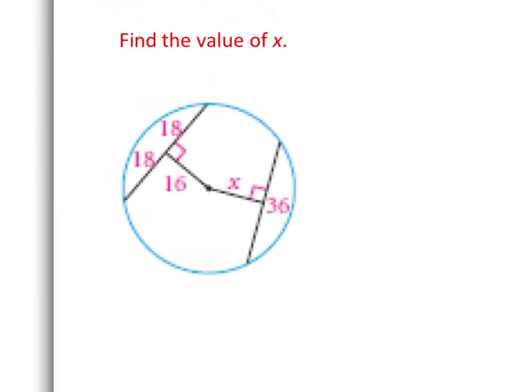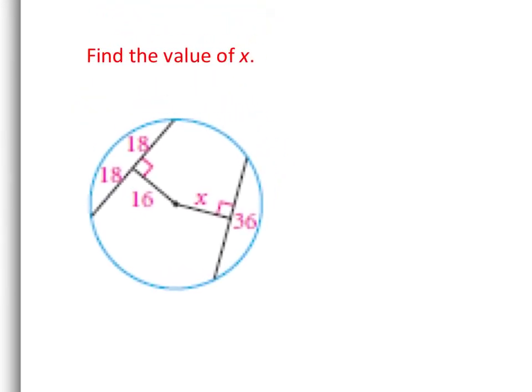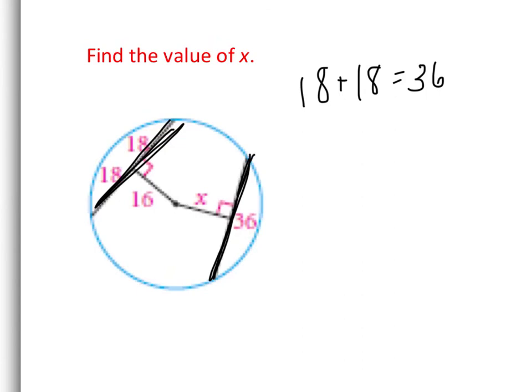So for example, we are asked to find the value of x in this diagram. Let's first look at this chord, which is 36 units long. And how long is this chord? We'll do 18 plus 18 more is 36. So this chord is 36 units, and this chord is 36 units.